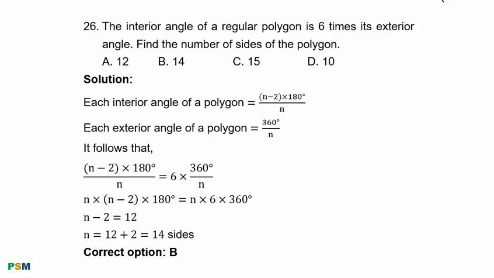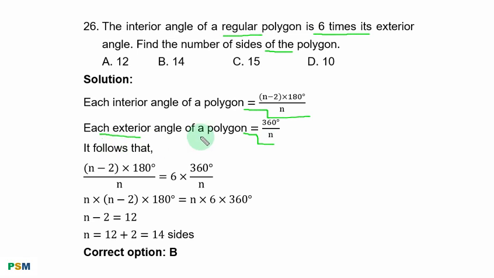Question 26. The interior angle of a regular polygon is 6 times its exterior angle. Find the number of sides of the polygon. Solution: each interior angle of a polygon is given by this formula, and each exterior angle of a polygon is given by this formula.